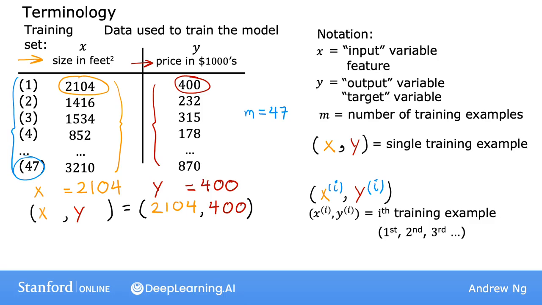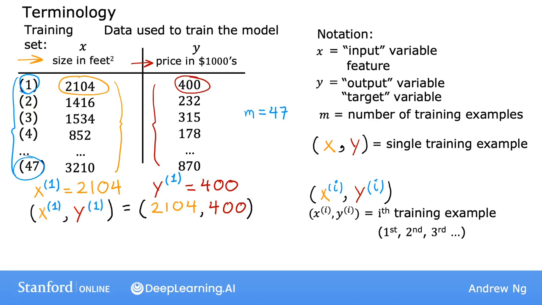So, for instance, here is the first example, when i equals 1, in the training set. And so x superscript (1) is equal to 2,104, and y superscript (1) is equal to 400. And let's add the superscript (1) here as well.